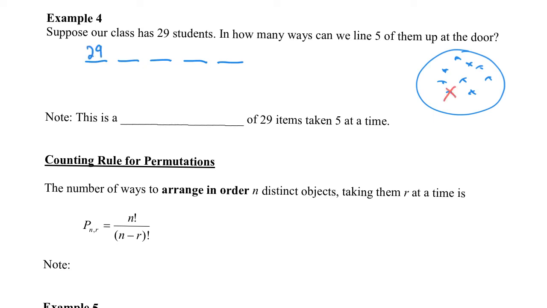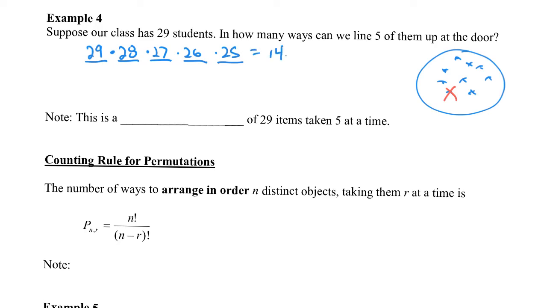So that means, say, one of these students is gone. So how many students are left to go in the second spot? Well, 28, right? So there's 28 here. Again, this is the multiplication rule. And you would follow that with 27, 26, and 25. And this is a pretty good sized number.